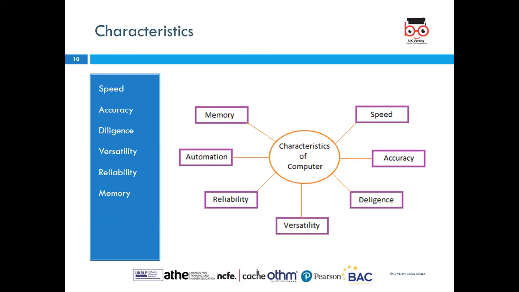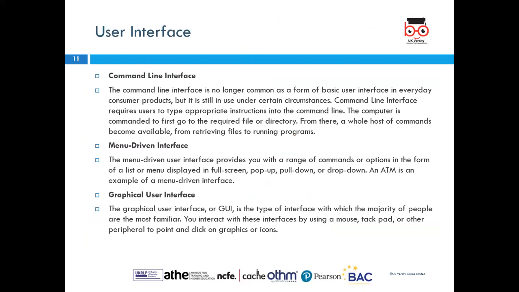So characteristics of a computer, we have already covered them yesterday. So we already know the components and how to assemble these. User interface, which is a GUI, graphical user interface. It is simply the representation of our code.